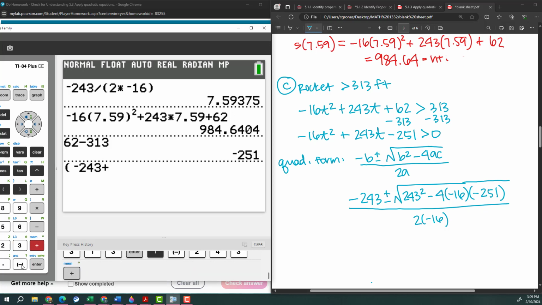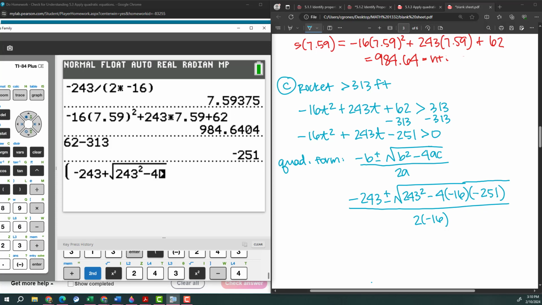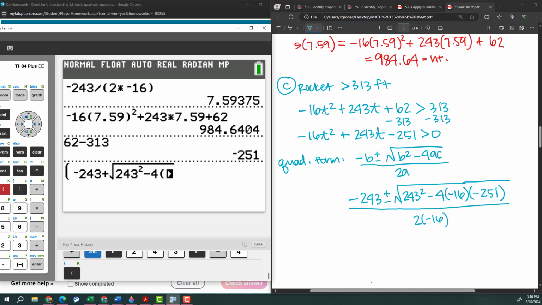I'm going to start with the plus, the square root, so second, and then that is the square root button, 243 squared minus 4 times negative 16 times negative 251.